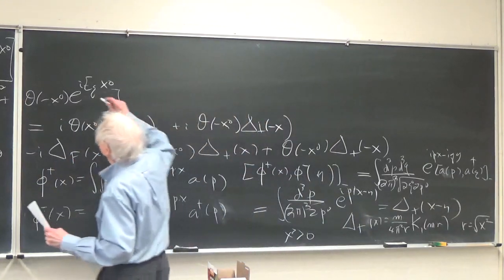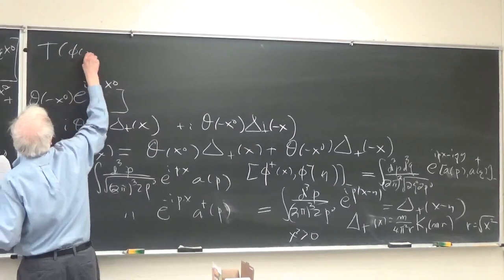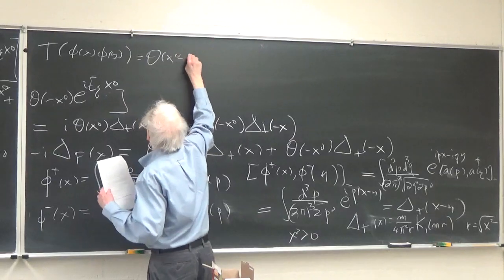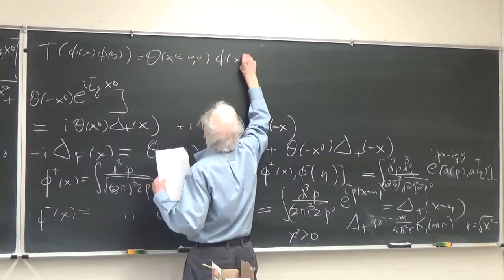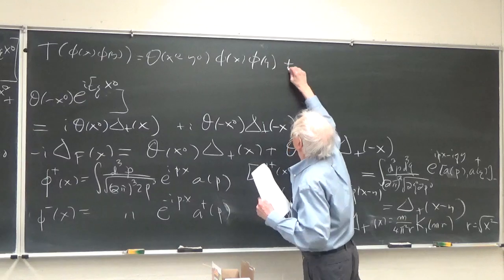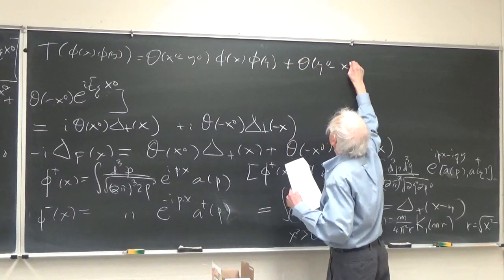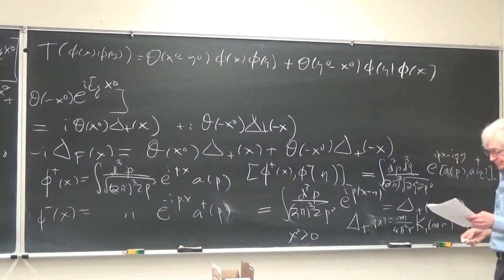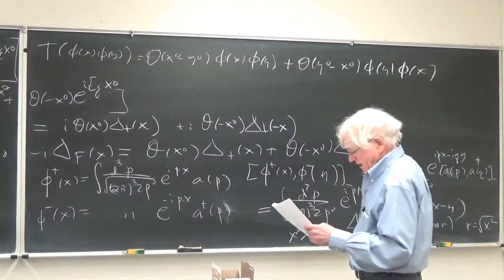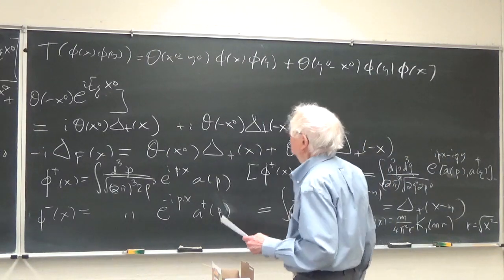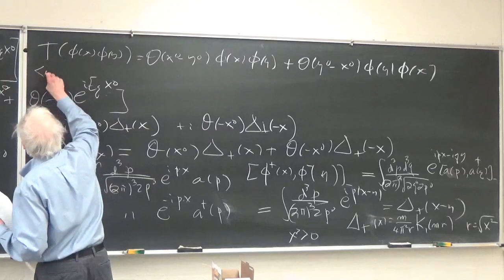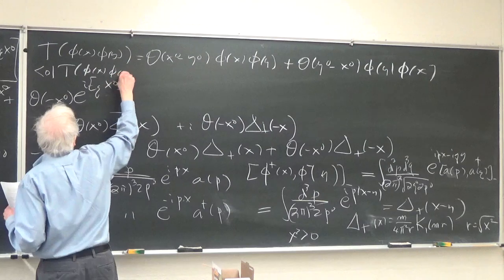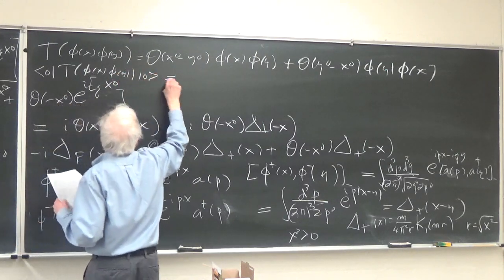Okay, so for scalar fields, the time-ordered product phi of x, phi of y, of course, is theta of x0 minus y0, phi of x, phi of y, plus theta y0 minus x0, phi of y, phi of x. And what we're going to do now is consider the mean value of this time-ordered product in the vacuum state.